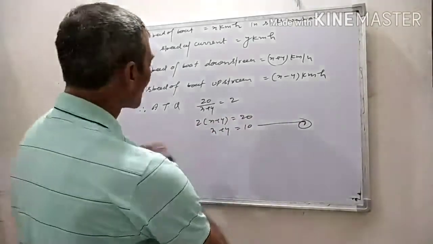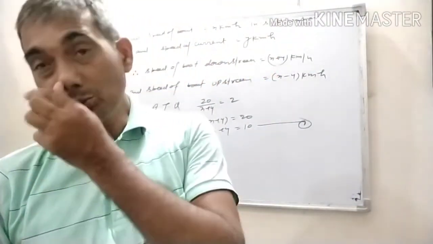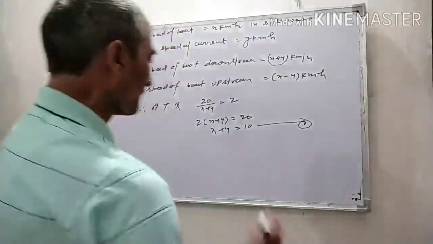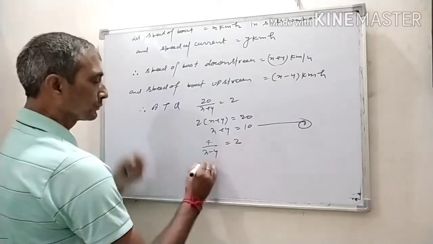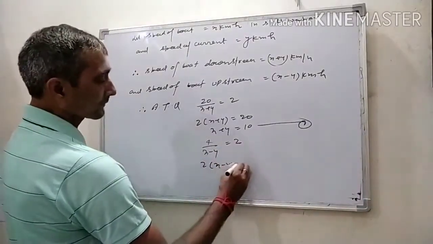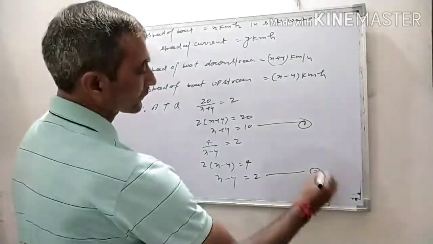First equation. And Ritu travels 4 km in 2 hours upstream. That means 4 upon x minus y equal to 2, 2 into x minus y equal to 4, now x minus y equal to 2. Second equation.